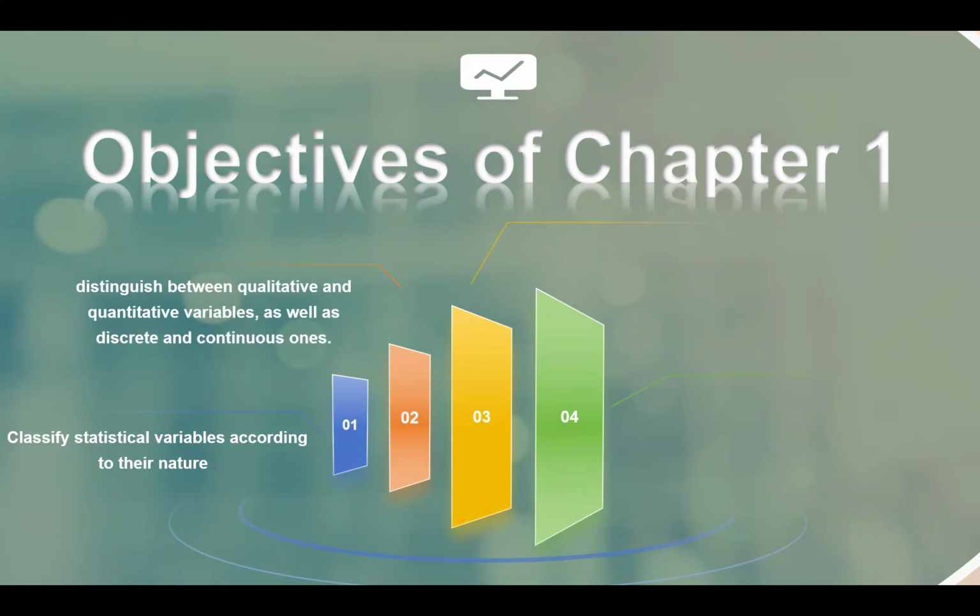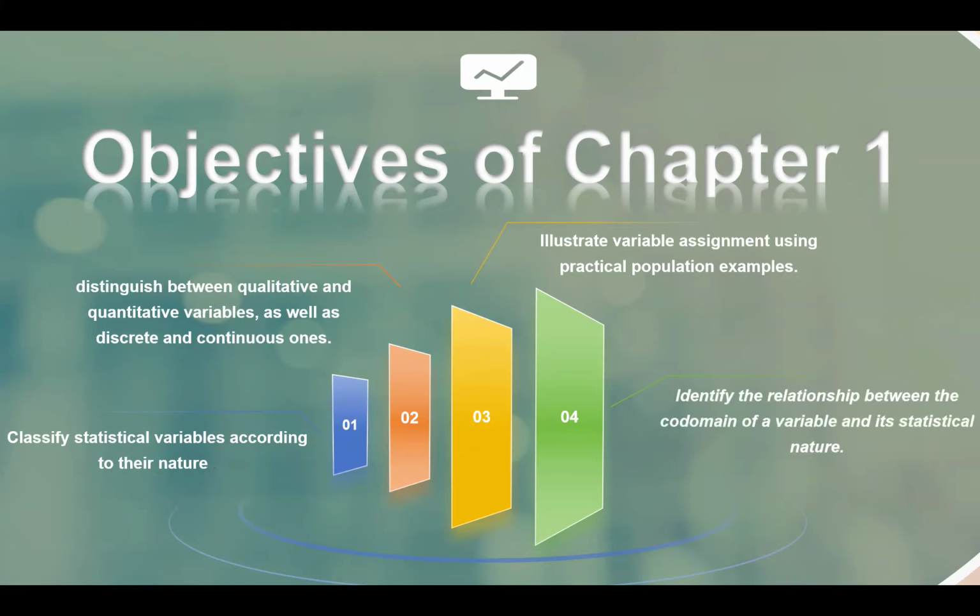You will also distinguish between qualitative and quantitative variables as well as discrete and continuous ones. In addition, you will learn how to illustrate variable assignment using a practical population example. And finally, you will learn how to identify the relationship between the codomain of a variable and its statistical nature.